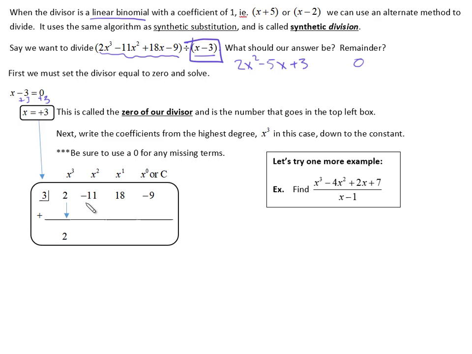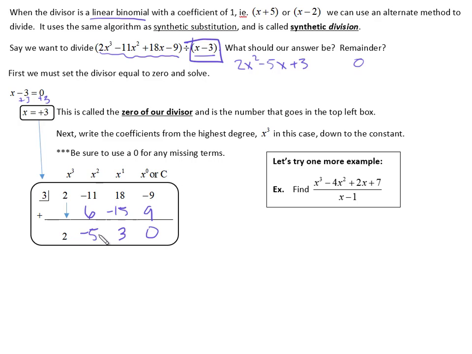So 2 times 3 is 6, and then we add, which gives us negative 5. Negative 5 times 3 is negative 15. When I add, we get positive 3. And 3 times 3 is 9. When I add, we get 0.